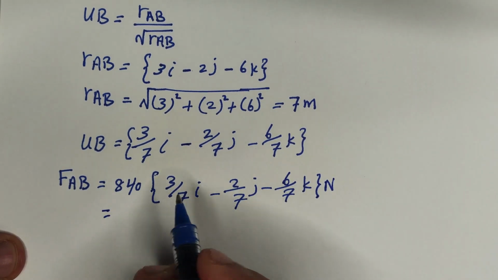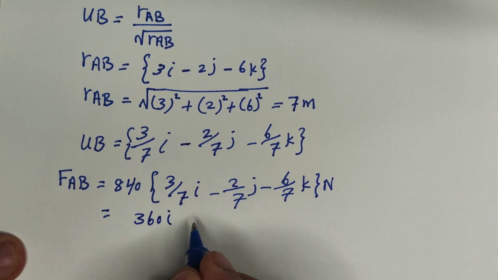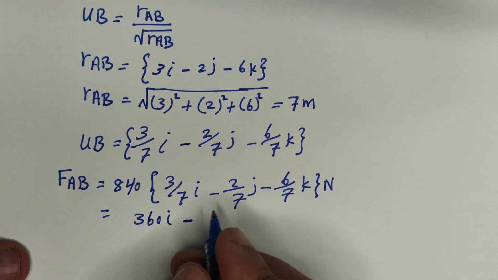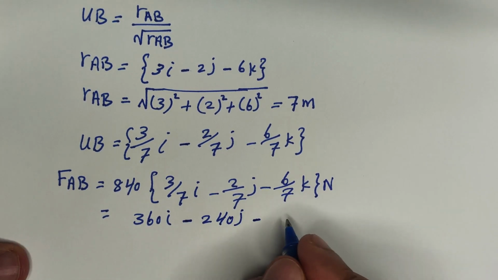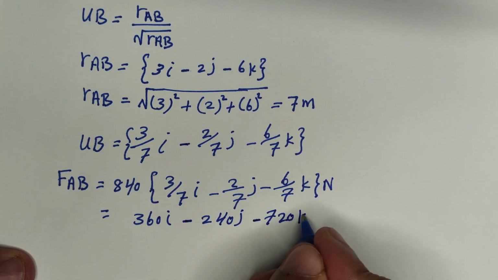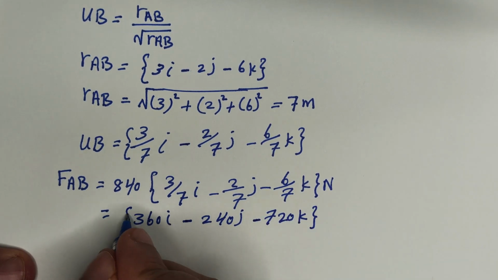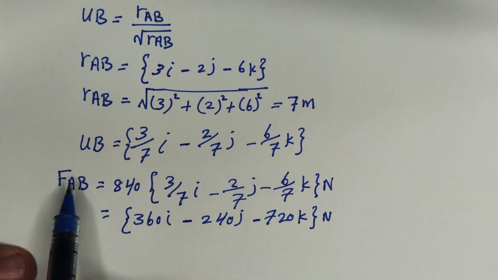Once you plug all of this into your calculator, you should get 360i minus 240j minus 720k, and this is now the force FAB.